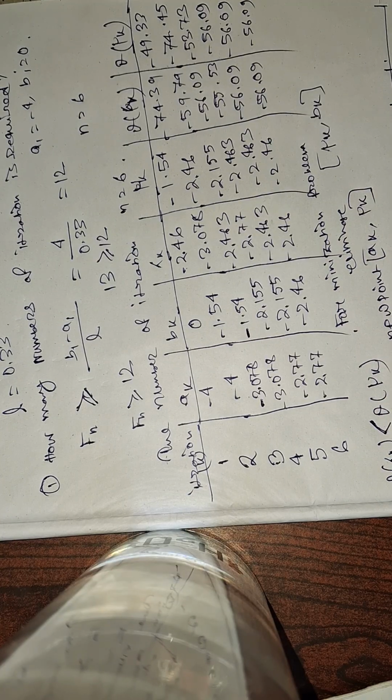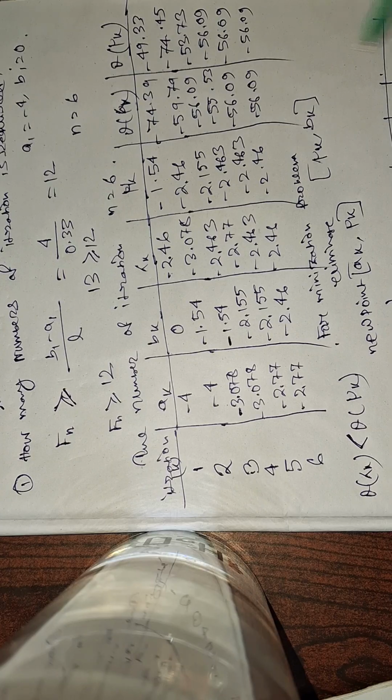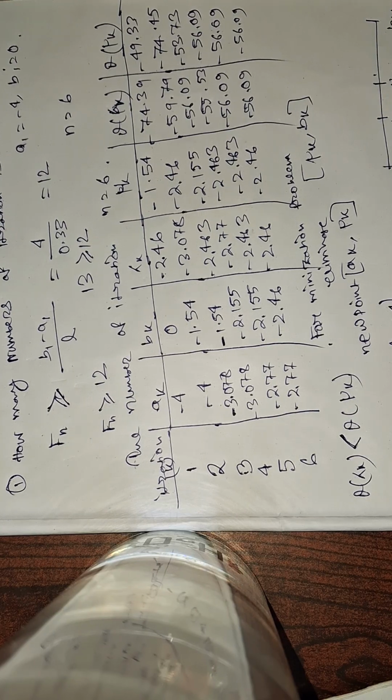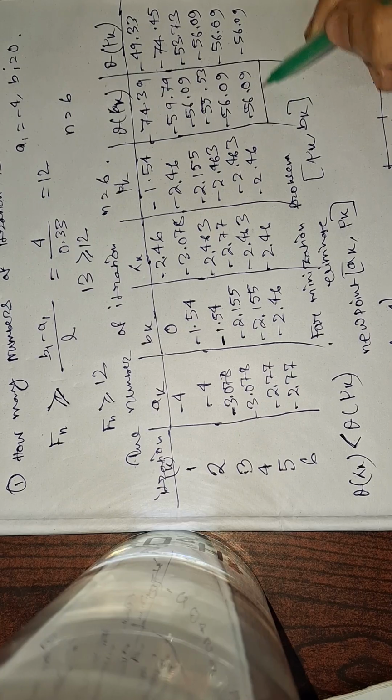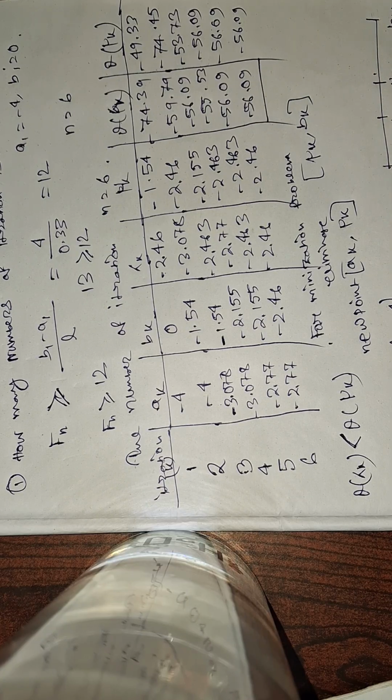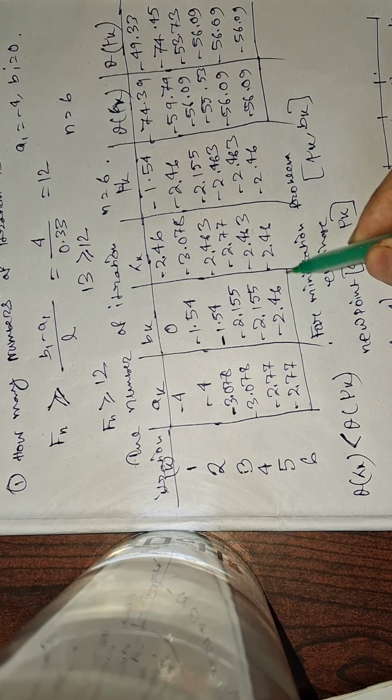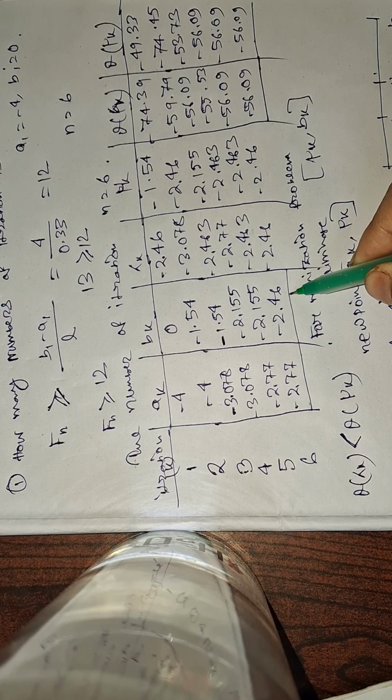I calculated all the values in the calculator, so you can calculate this, and the functional value is minus 56.09 within the range of minus 2.77 to minus 2.46.